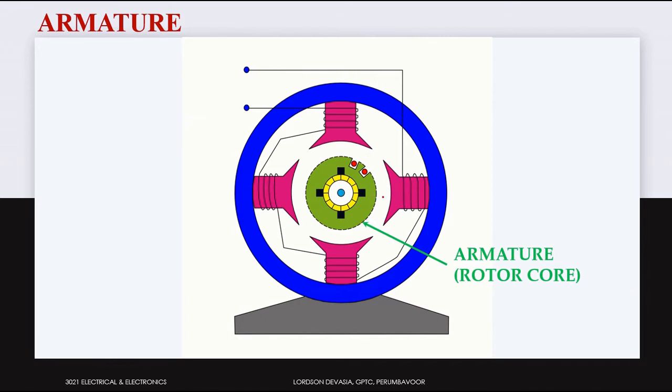Next is the, and till we are discussing the outer part of the machine. Now coming to the inside part, this is the armature or known as a rotor core, and that has a cylindrical structure and built by using circular laminated sheet steel.